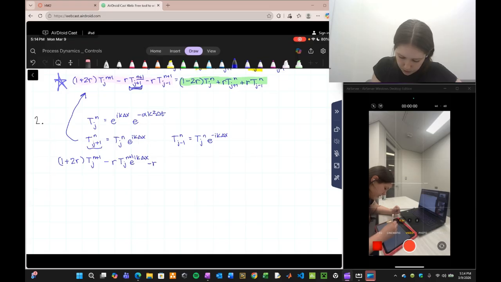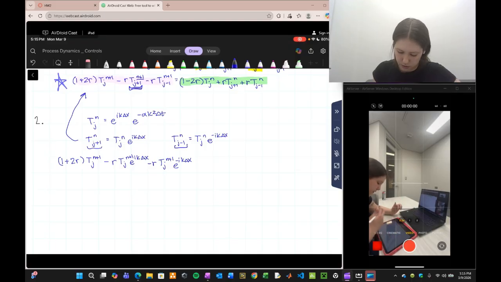And then minus r times T j n plus 1 e to the negative I k delta x because it is to the left now.